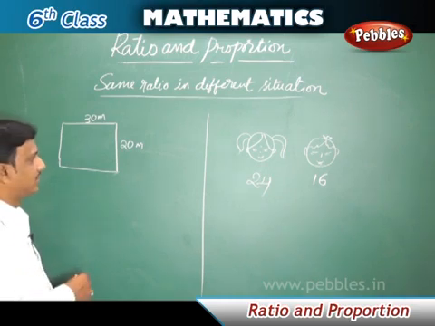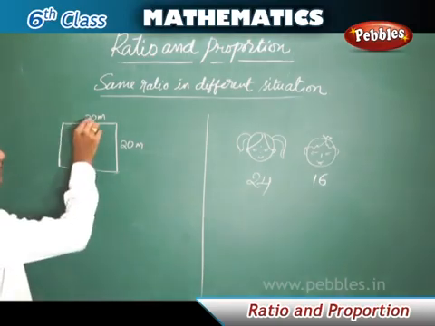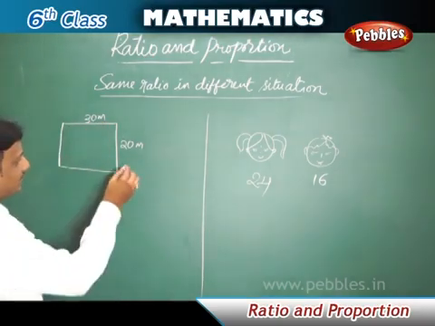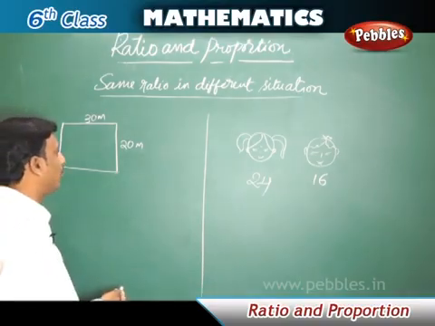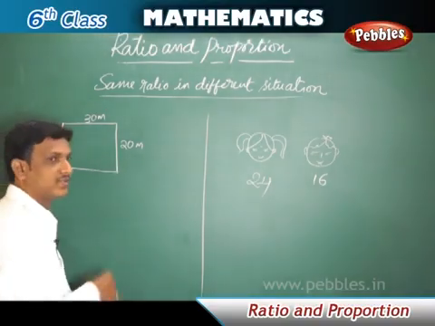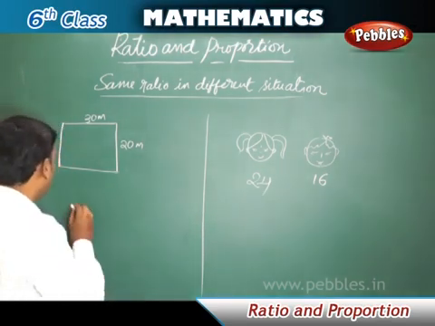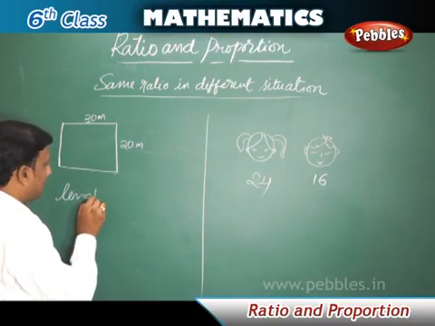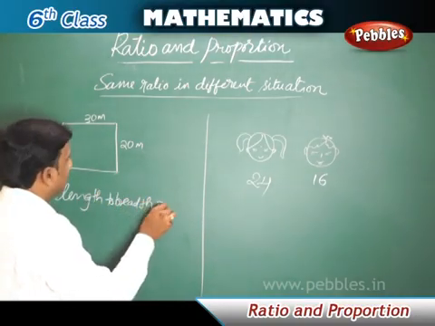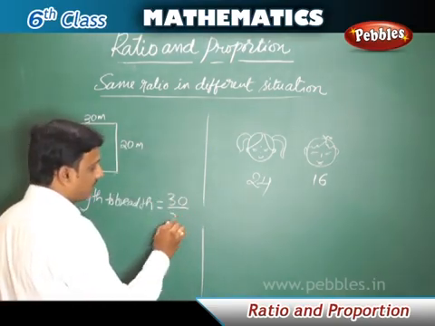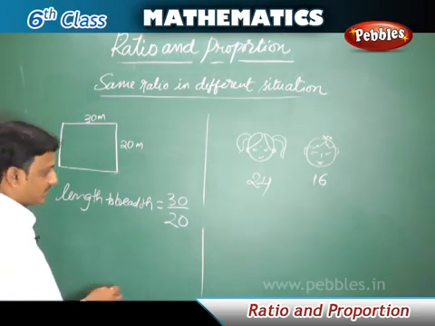Let us see here two different situations. There is a room of length 30 meters and width 20 meters. Now if we are going to find the ratio of its length to its breadth, length to breadth ratio, that is 30 by 20, length 30 meters and width 20 meters.